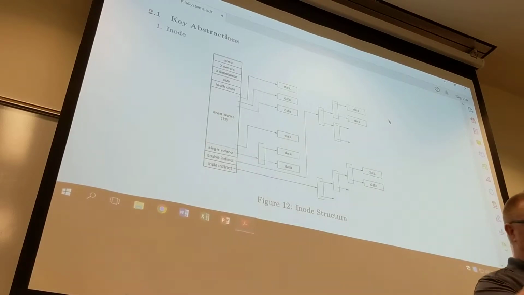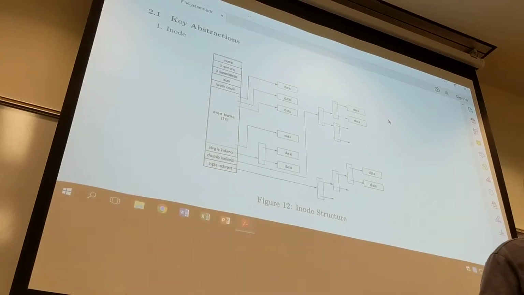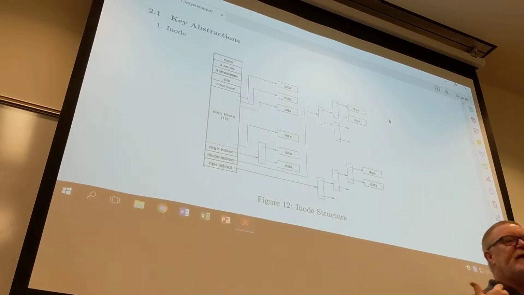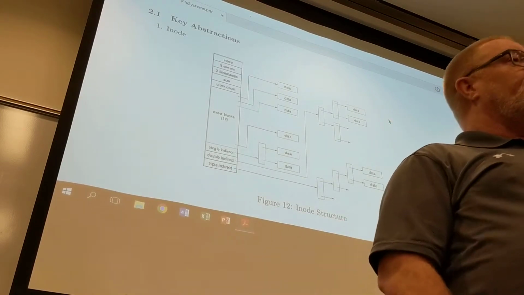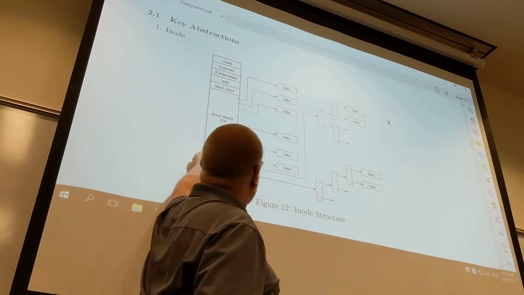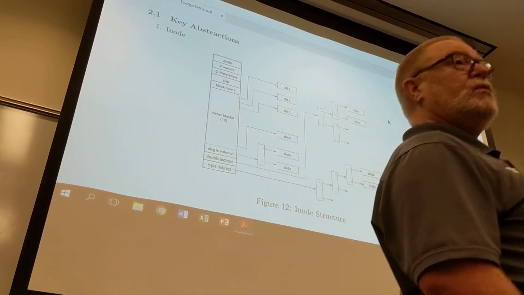Okay? Now, 1K, though, doing it as 10 to the third is a fairly decent approximation if we have to calculate file sizes. So if we have a single indirect block, how much data can this single indirect block point to?